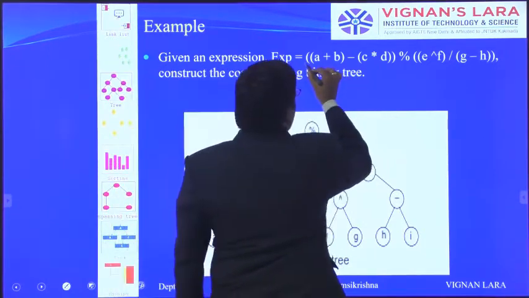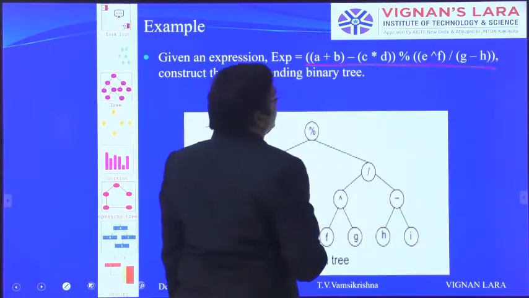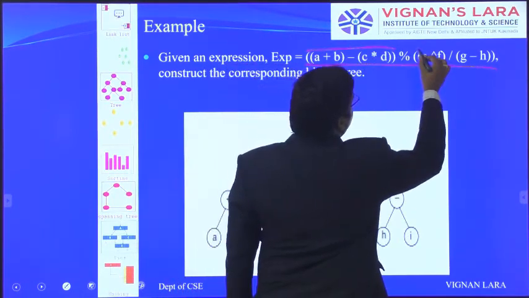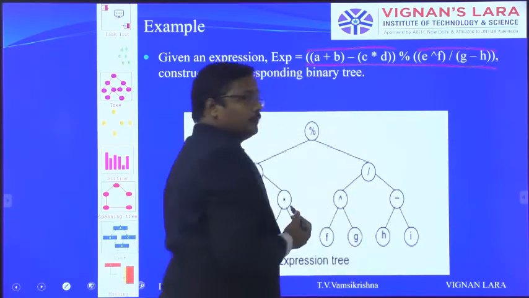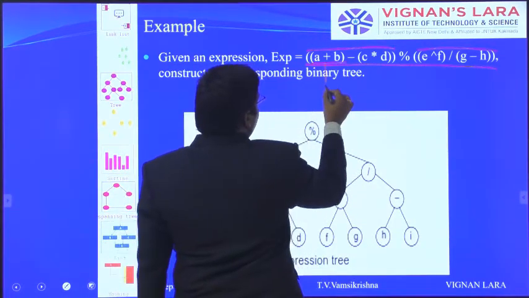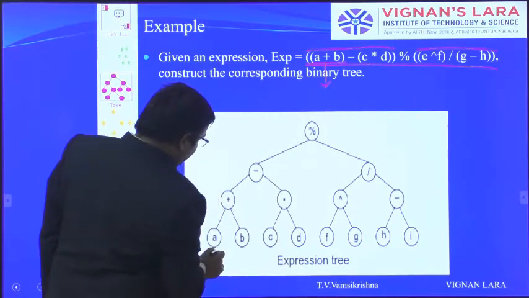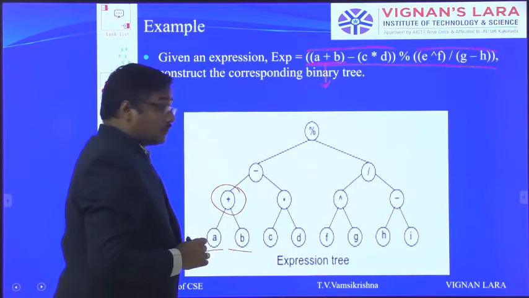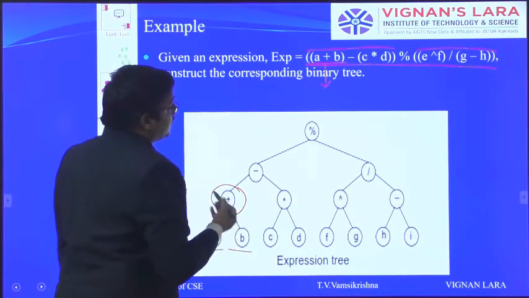And one more example. See, first this is an expression. In this expression, this is one nested sub-expression, this is another nested sub-expression, and inside that there is another nested sub-expression. First A is an operand, B is an operand, and plus is the root, the parent node for these.